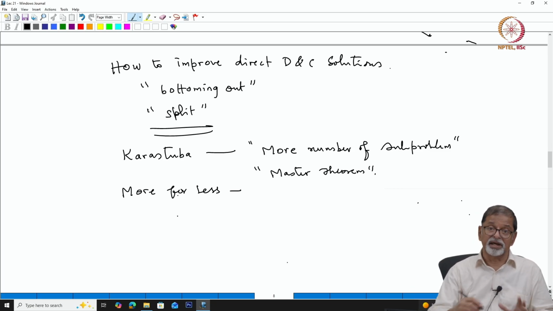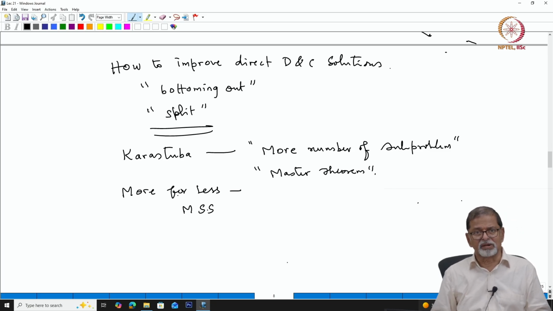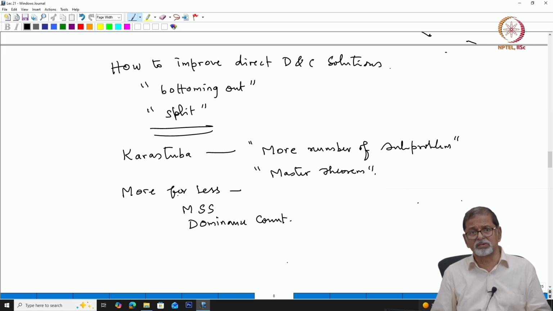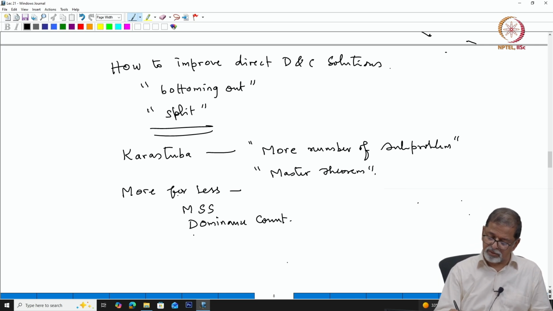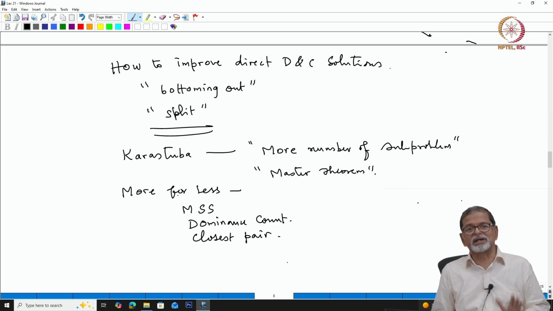That's what we have seen in several case studies: the maximum subarray sum problem, the dominance count problem, the inversion count problem, and then the closest pair problem. In all of these, we are seeing that changing the specification of the problem to give more is helping in arriving at a more efficient solution.